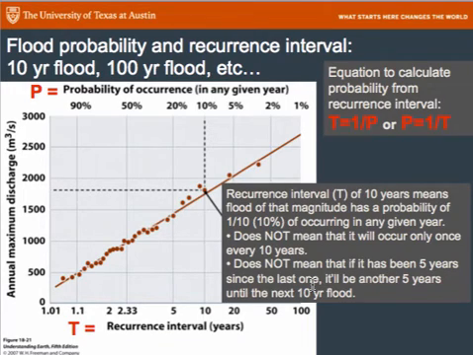A 100-year flood is way out here with about 2,600 or 2,800 cubic meters per second discharge. So this probability is something that you will calculate and figure out for a flood near you.